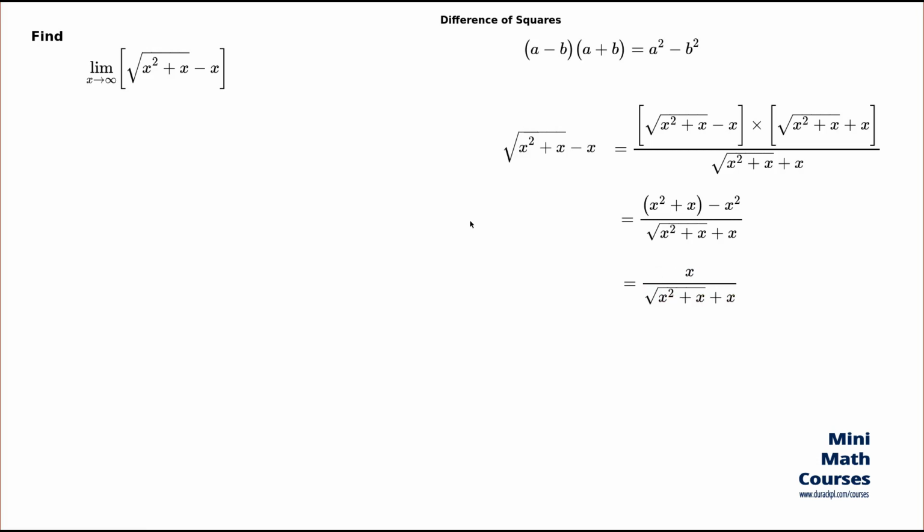Once again, I'm doing some prep work before I can see what the limit is, and my prep work is based on the difference of squares identity. I will need to do one extra step to complete my prep work, and then we can actually see what the limit is. My step will be factoring. I will factor x from the numerator and I will factor x from the denominator.